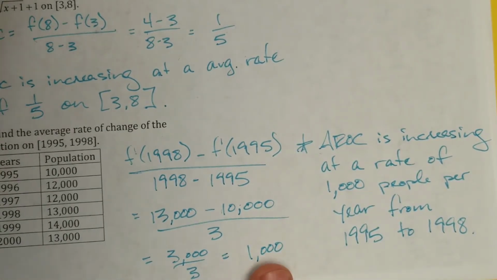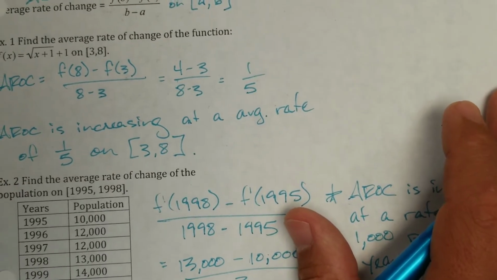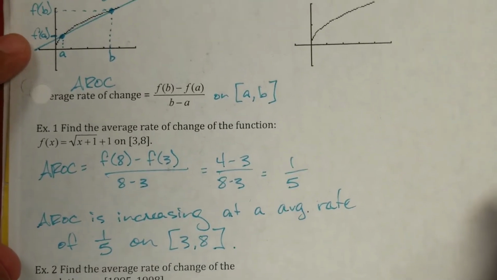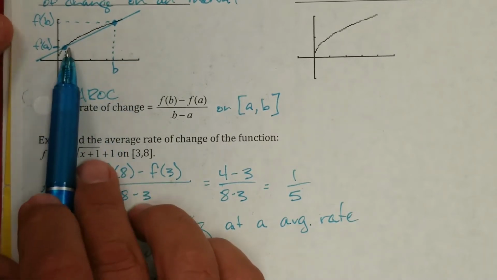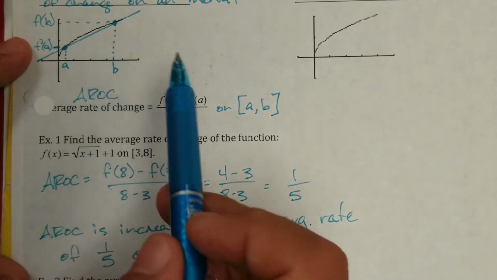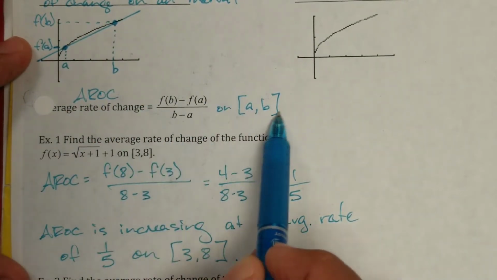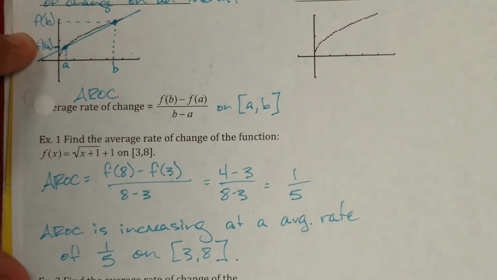Okay, so again, we're just talking average rate of change, which is the slope of a secant line. Let's go back to this picture. Whatever your interval is, so our example is just from A to B, you would run a secant line on the curve going from A to B, and then you would find the slope of that secant line.